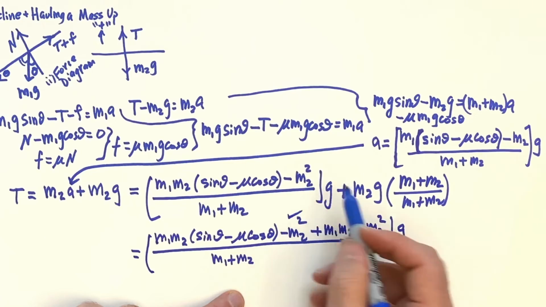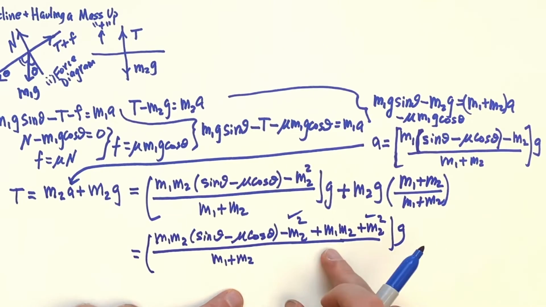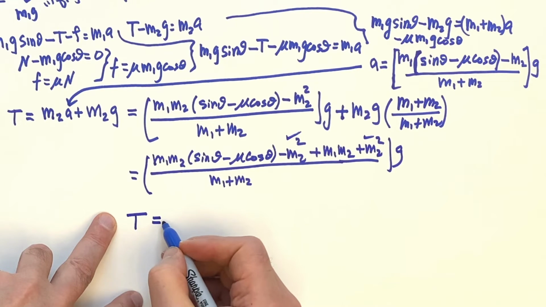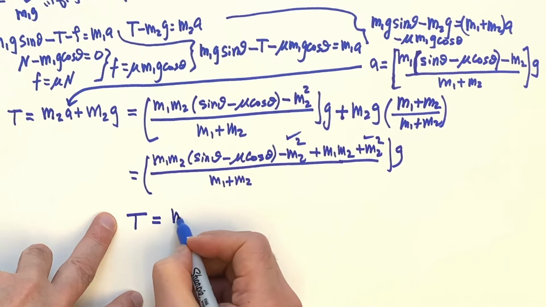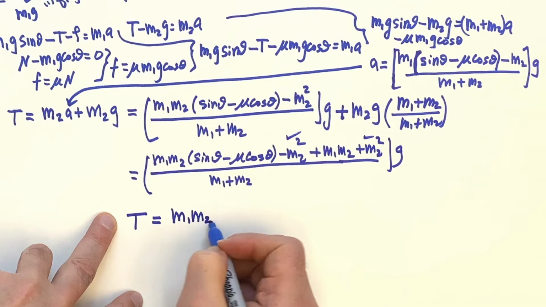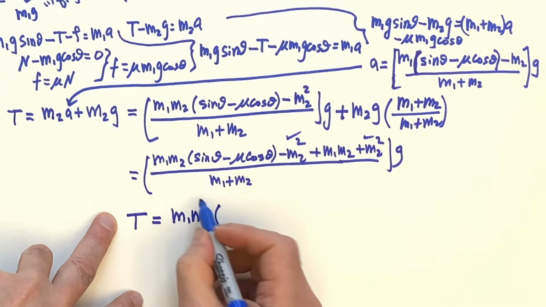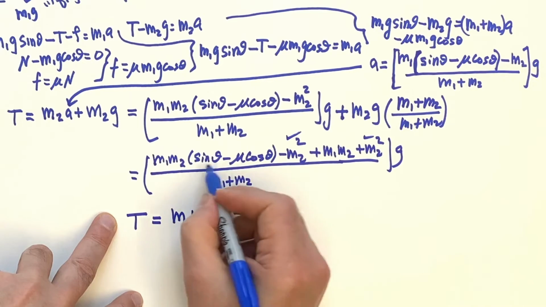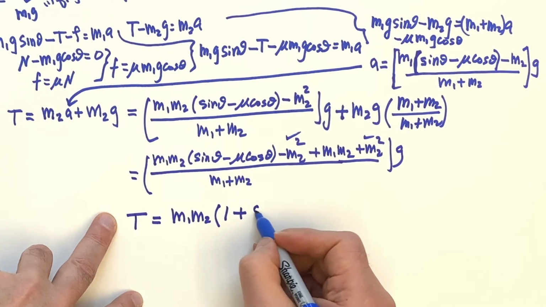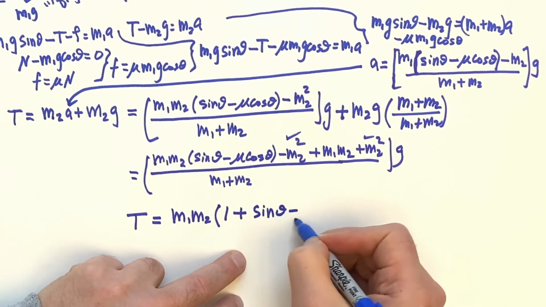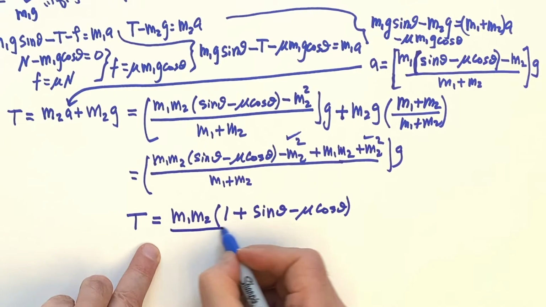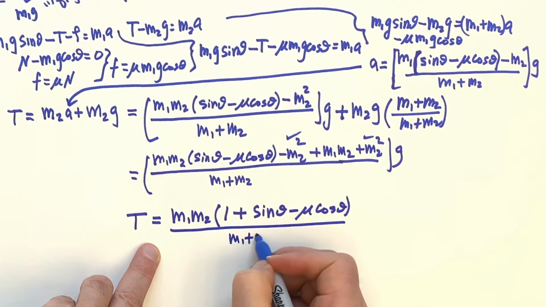So this is nice. See, this is going to cancel this. And then we're going to get something similar to what we had before. We're going to have the product of the masses. And then we're going to have here 1 plus this stuff in here, the sine of theta minus mu cosine of theta, all that over the sum.